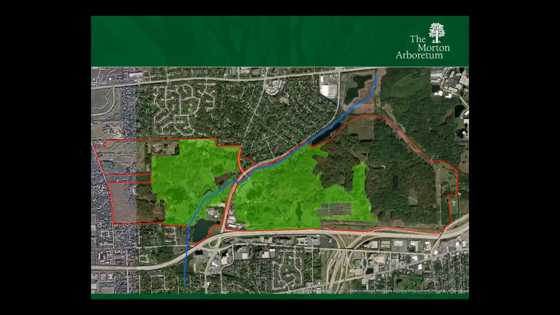But these collections are consolidated into this interior green portion of the Arboretum. The exterior part that's not shaded in green is that remnant forest that we focus more on in situ conservation.